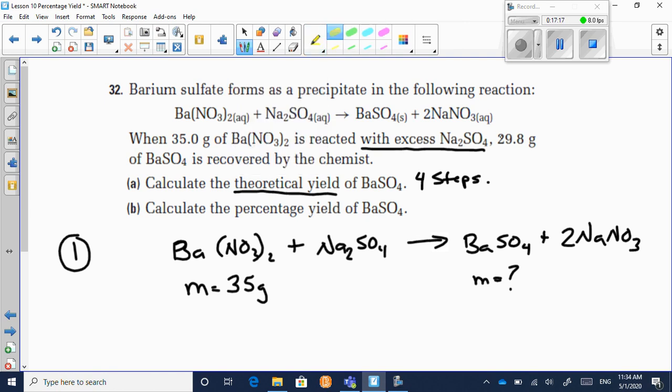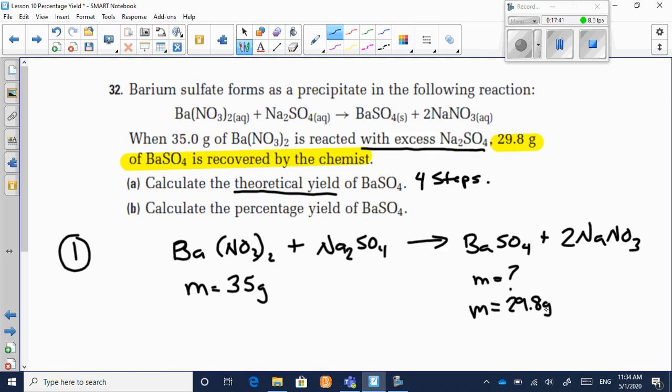Notice that it tells you that you actually get this amount. Sometimes students will make a mistake in that they'll say to themselves, well, I should be writing that mass down here. Oftentimes students will write here the 29.8 grams, and they'll be confused as to, well, what am I solving for?